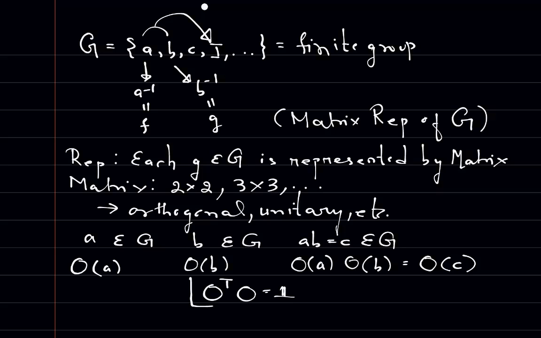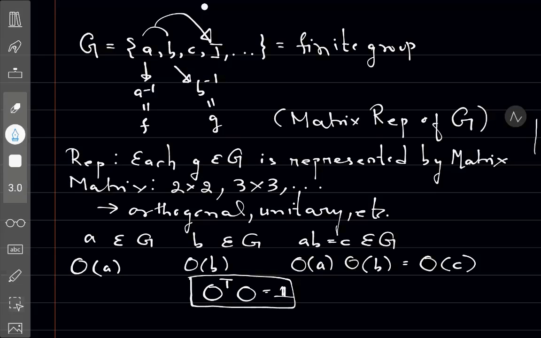If this is satisfied by the matrices that represent the group elements, we say we have an orthogonal matrix representing my group elements. But again, this orthogonal matrix can be 2 cross 2, 3 cross 3, and so on. You can go to higher dimension representations also. I will come to an example for more understanding, so no need to worry.